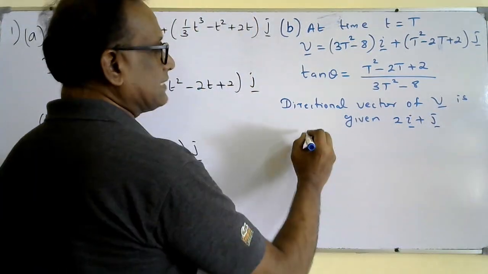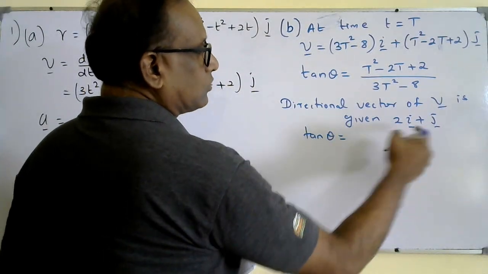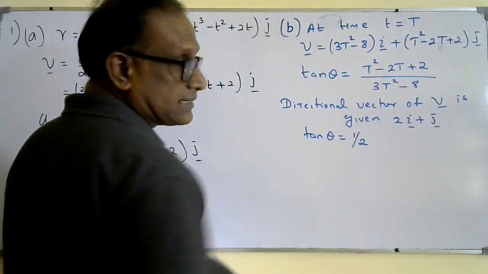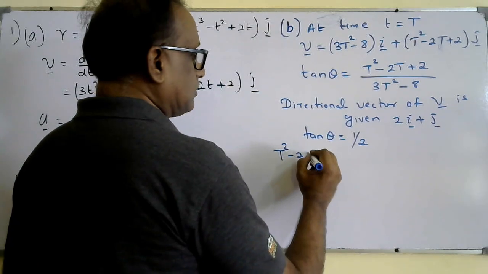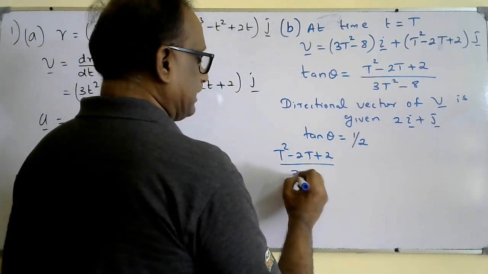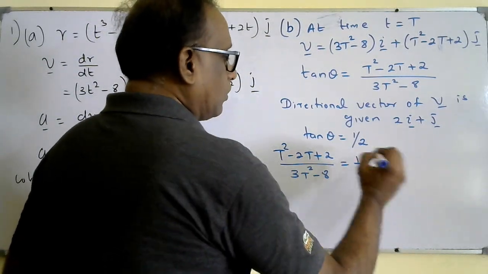So from this, tan theta is equal to 1 over 2. So both are the same direction. Therefore, t squared minus 2t plus 2 over 3t squared minus 8 should be equal to 1 over 2.